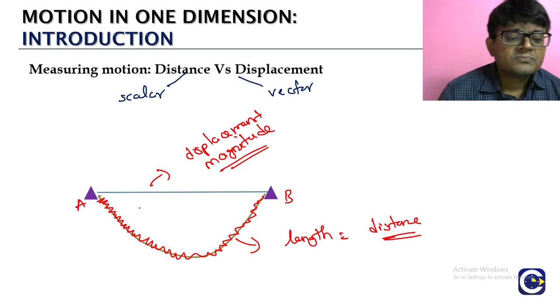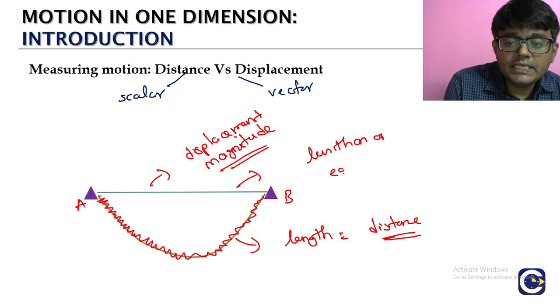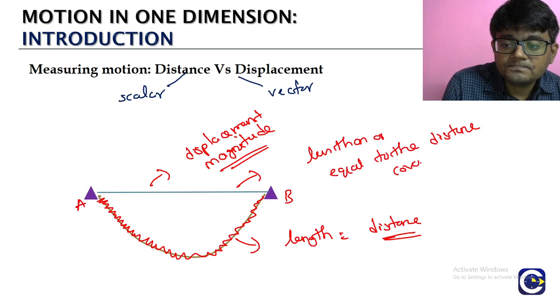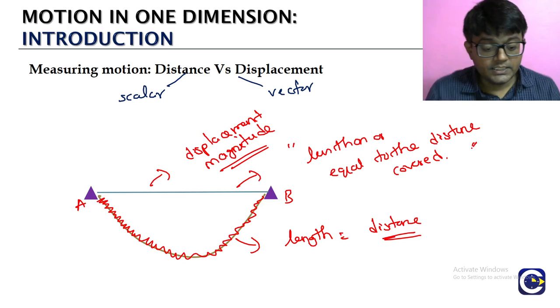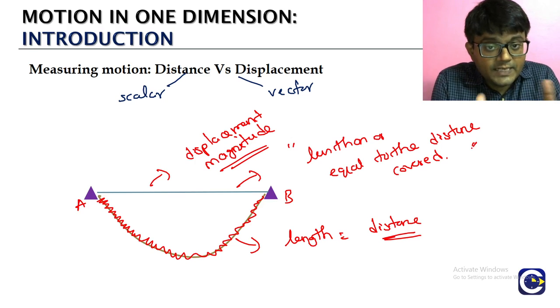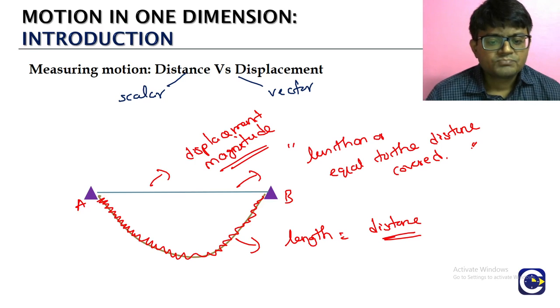So you see, the straight line distance will always be less than or equal to the distance covered. So there is an important relation between the distance and the displacement. The straight line distance, which is the displacement magnitude, is always less than or equal to the distance covered. So why are we saying that?